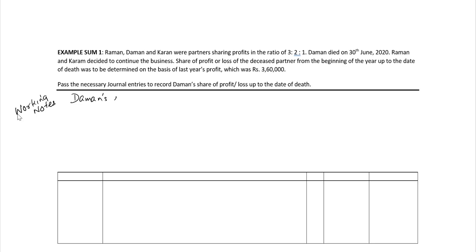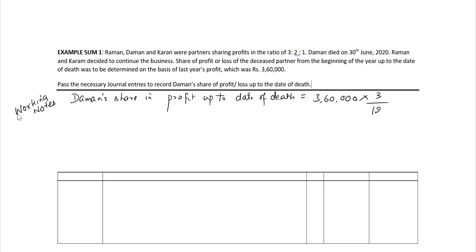So Daman's share in profit up to date of death is based on the previous year's profit, which is 3,60,000 rupees, multiplied by, we will get the profits from 1st April 2020 to 30th June 2020, the 3 months.